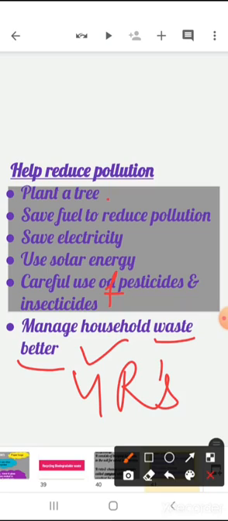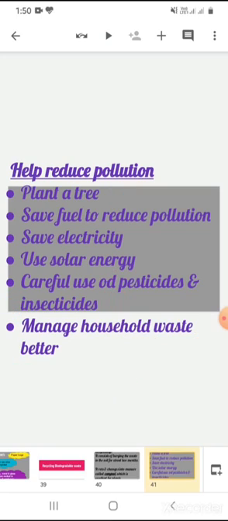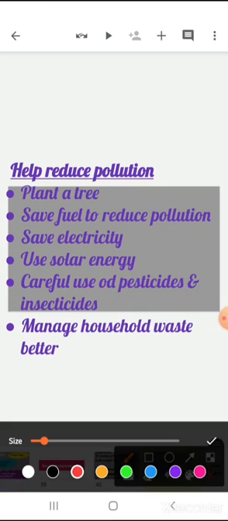Here we have to plant more and more trees to protect the environment and keep it healthy. Save fuel and reduce pollution.